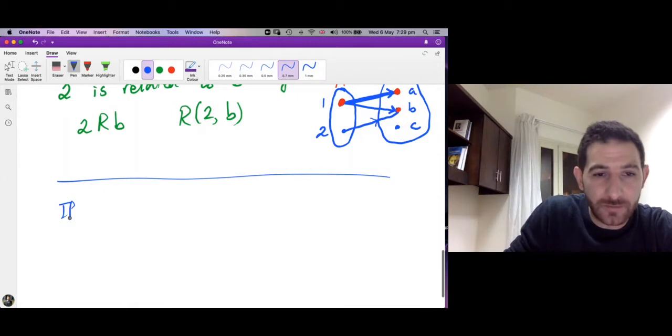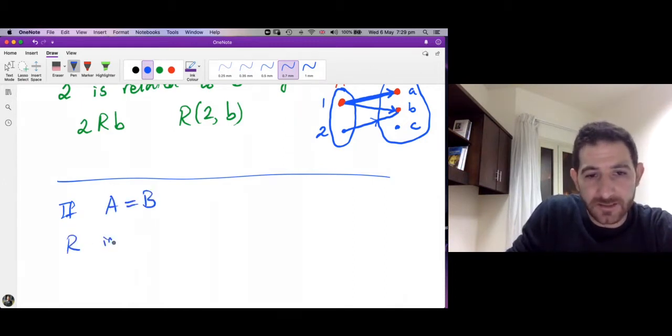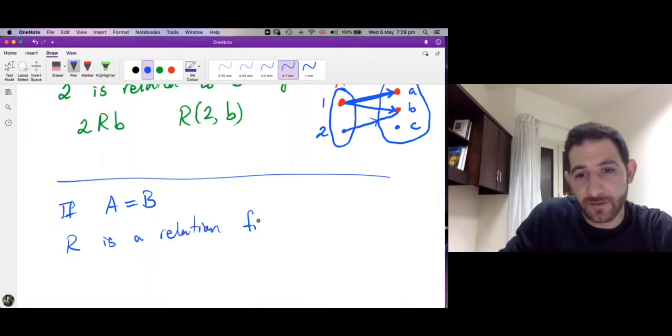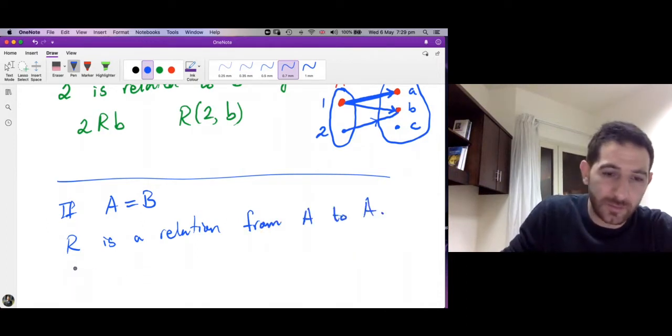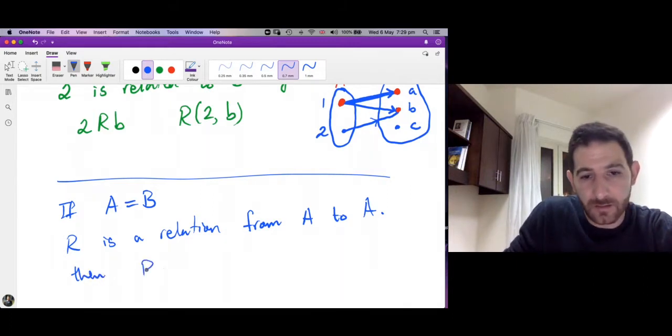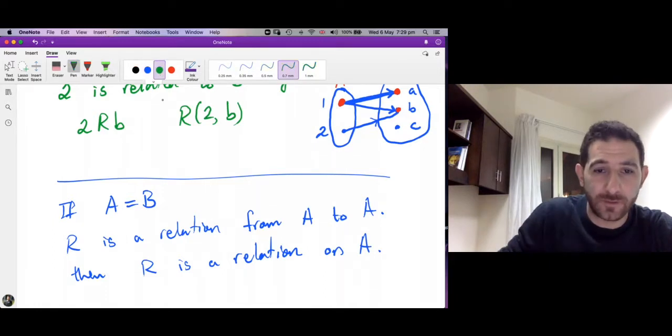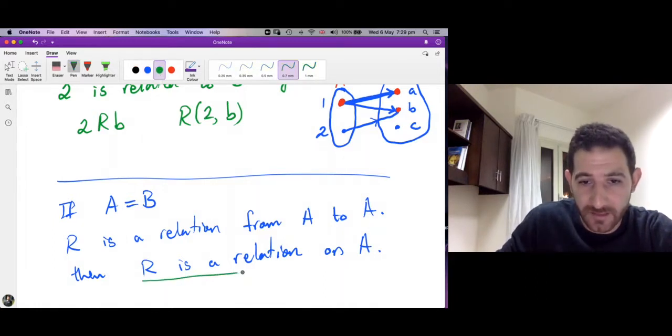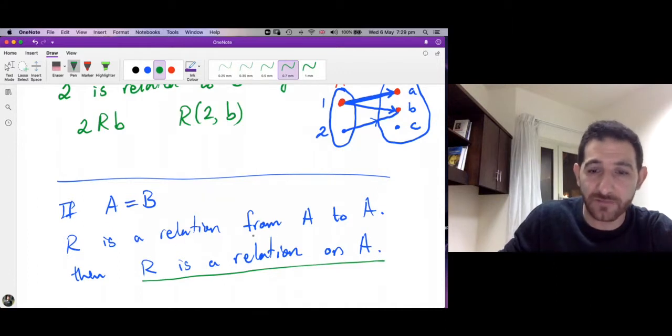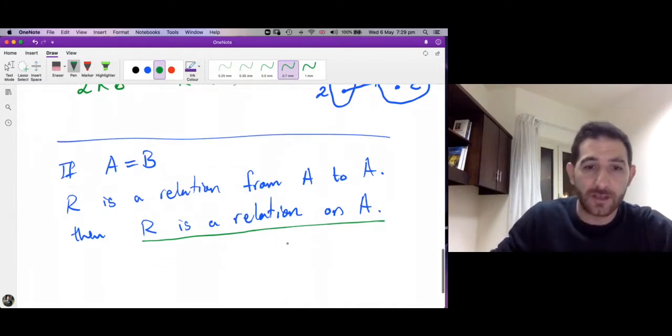If A is equal to B, so R is a relation from A to itself, okay, from A to A, then we just say that R is a relation on A. So when you see the term that R is a relation on A, it means it's a relation from A to itself, to A. Okay, what does this mean?